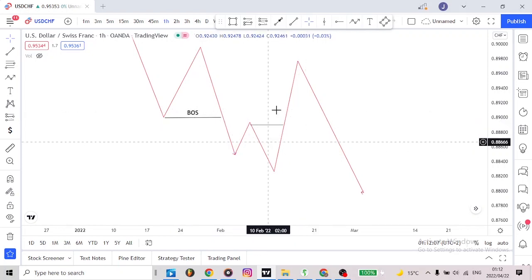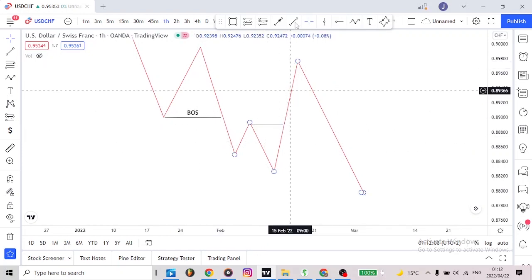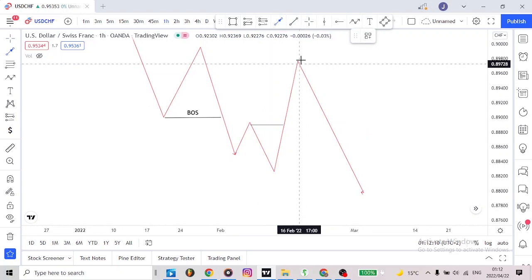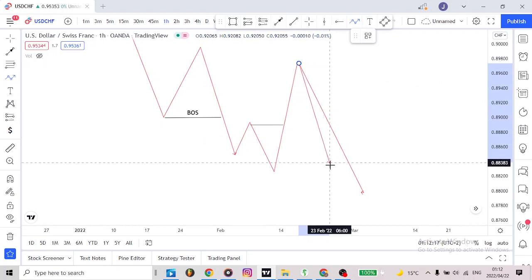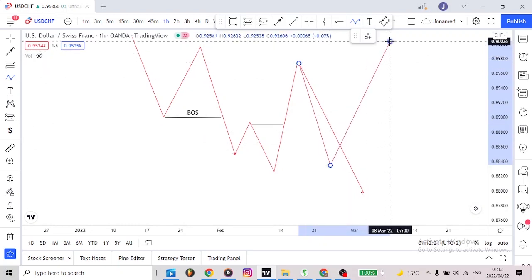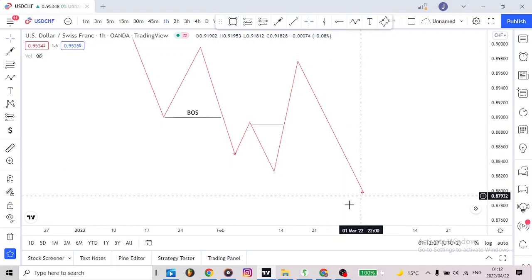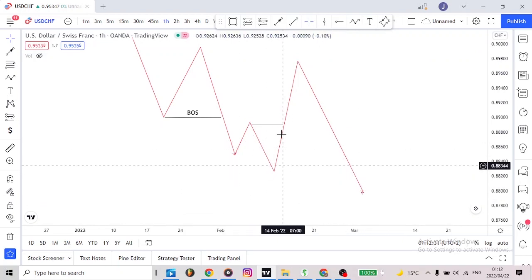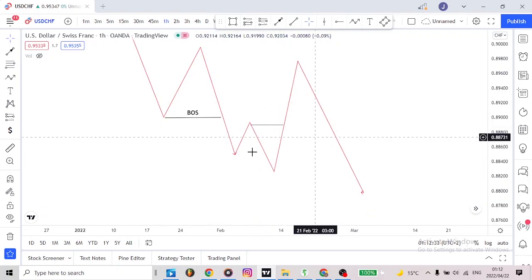And immediately when people mark that as a change of character, what they expect is the market to come back, bouncing to somewhere here and then push to the upside. That's what they expect the market to do. And then obviously the market takes them out here and then they start asking themselves, why did the market take me out? Because we had a clear change of character.